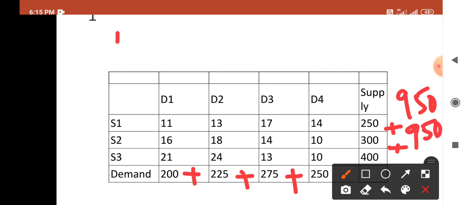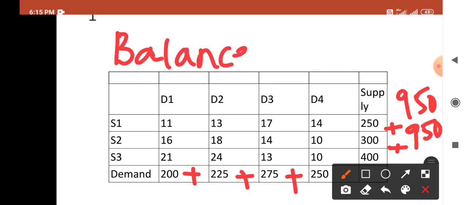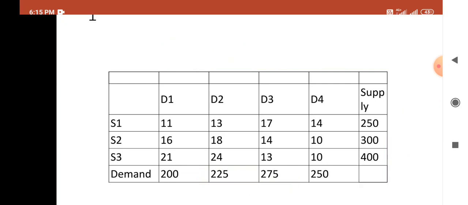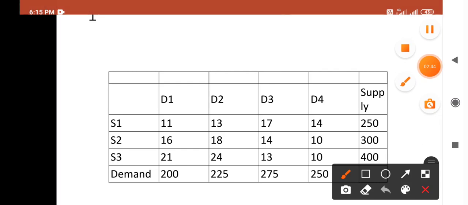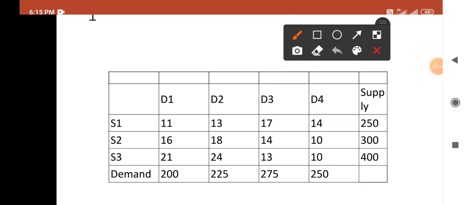So it is a balanced transportation problem. Okay, so now we'll proceed further. The total is 950.